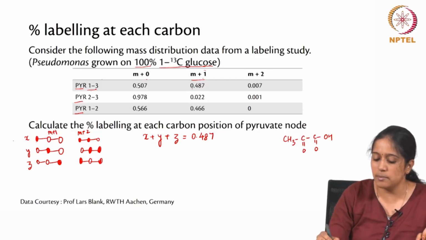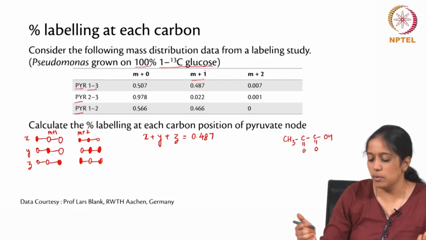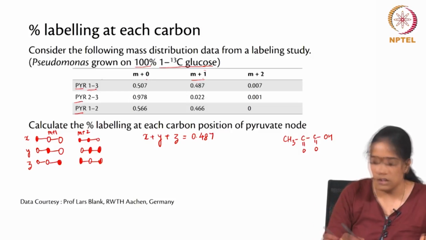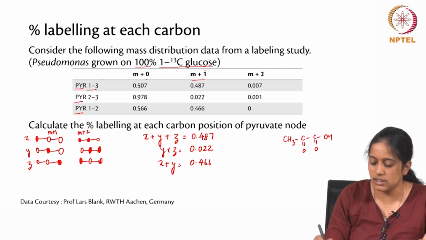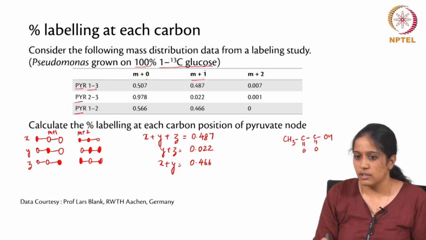So, this is the sum of all the isotopomers of m plus 1. The next one is y plus z is 0.022 and x plus y is 0.466. Does it make sense, right?